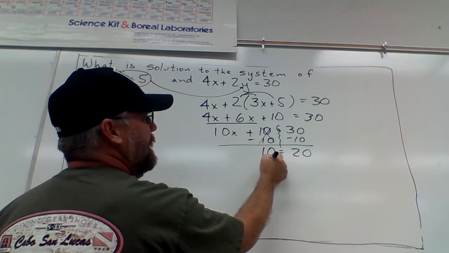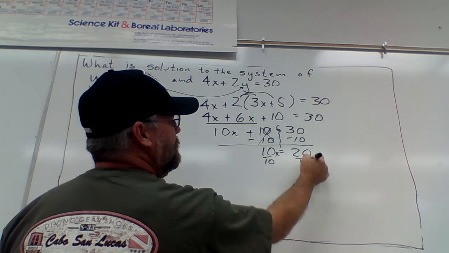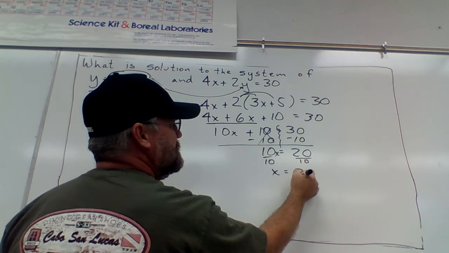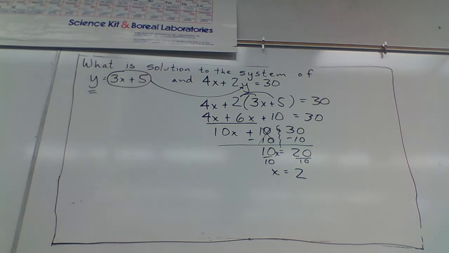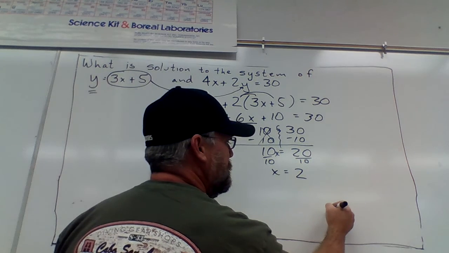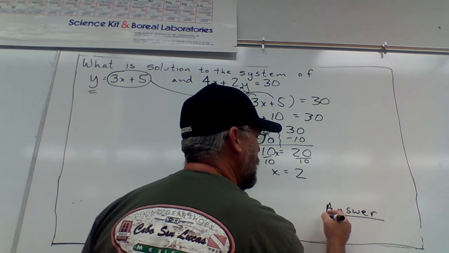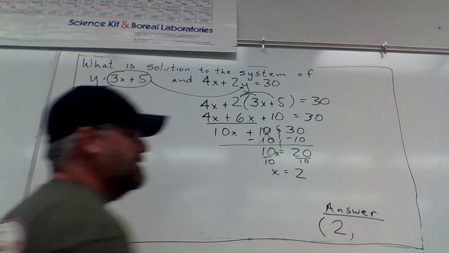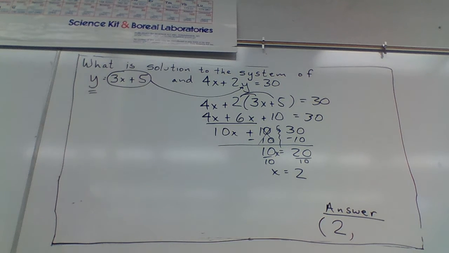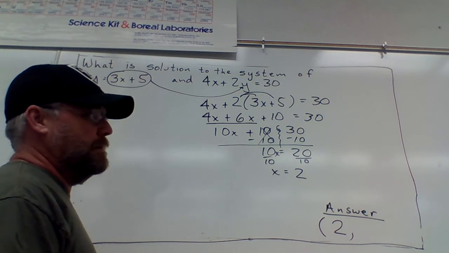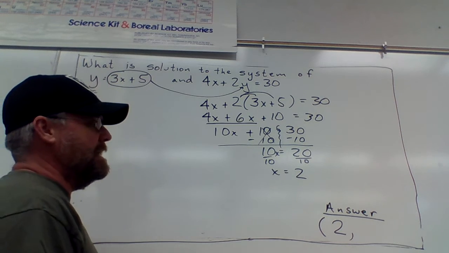So I divide off 10 there, divide off 10 there, and I get x equals 2. So if I want to go to my answer, again, the all-important answer down here at the bottom, 2 is my x, more than likely. Okay, so again, we'll check that at the end to make sure.